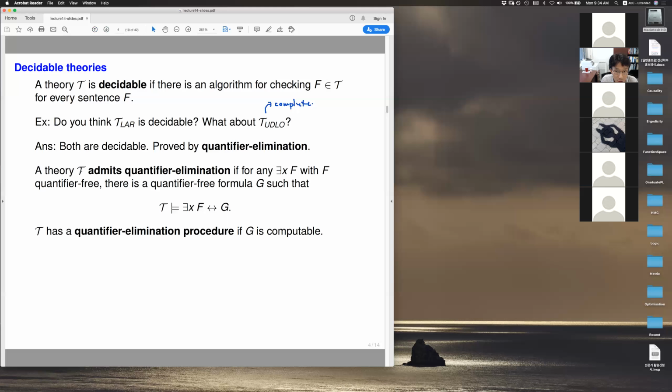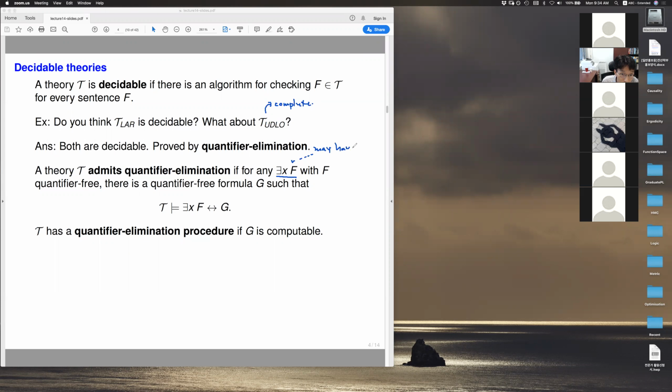We say that a theory admits a quantifier elimination if the following property is true. The property says for any formula exists x dot f, where f is quantifier free, but this entire thing has an existential quantification. Also, this exists x dot f does not have to be closed. So it may have free variables, and typically has free variables.